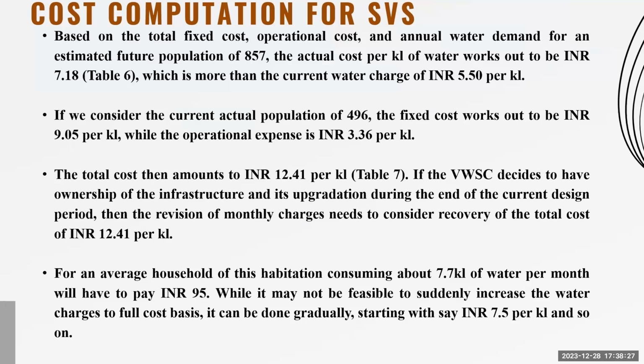So you need to really revise it so that you reach this level. So maybe you need not do it immediately or in one step. That will be too drastic. So you may think about a middle range first, and then after a year or two, you may want to change it to the full cost.